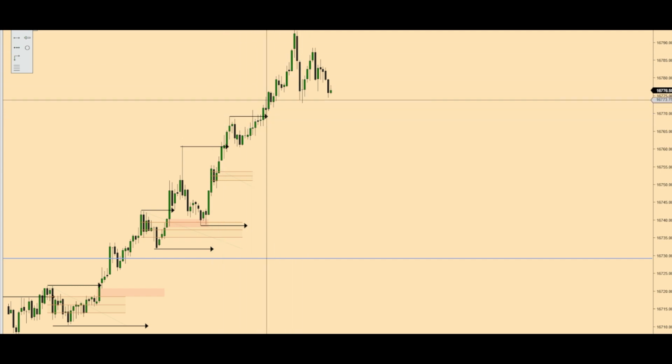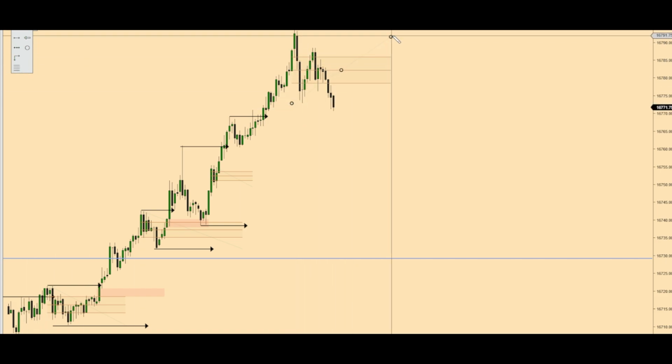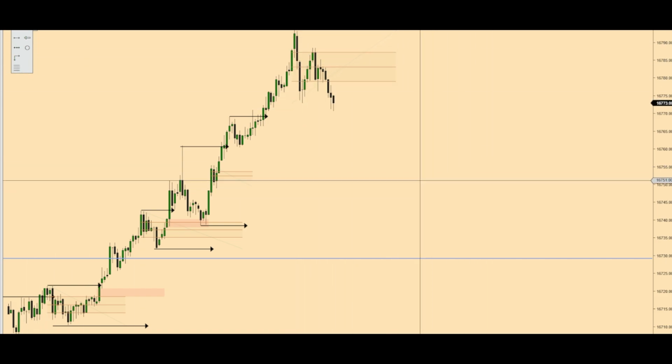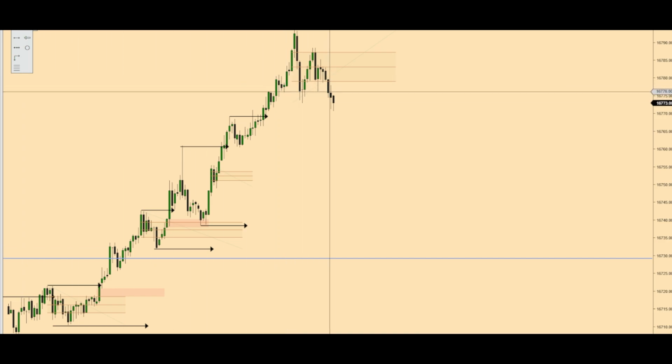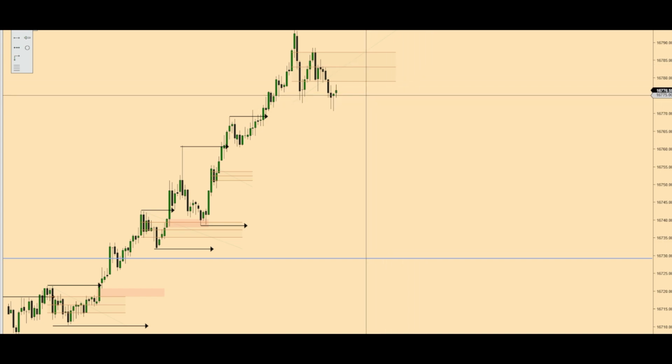All right, got a candle closure. Failure to take the high. Double top, failure swing.